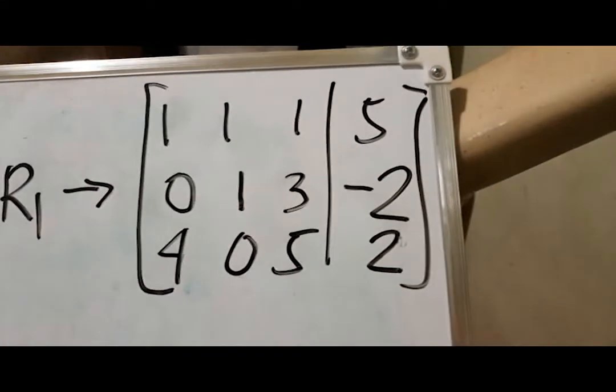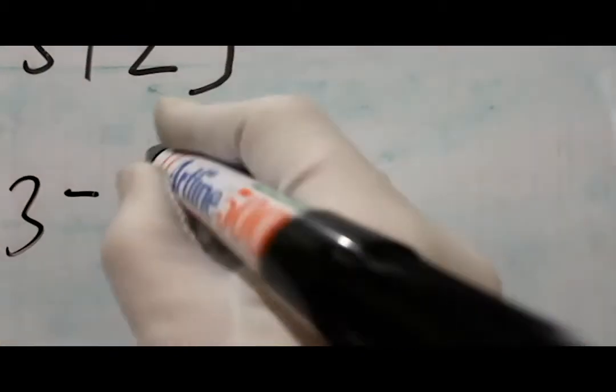And then we just write this since it is not being affected: 0, 5, and 2. The next, we can perform R3 minus 4 R1.